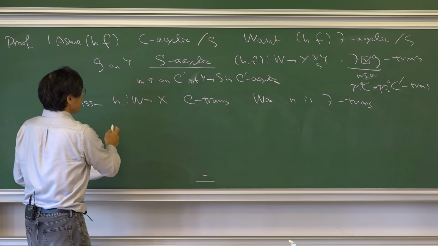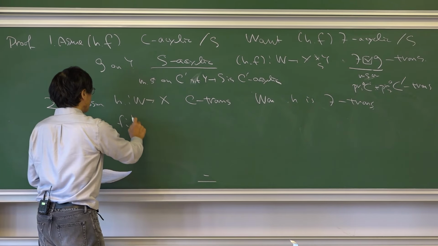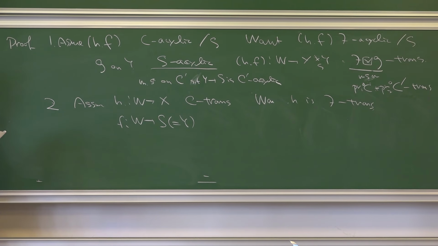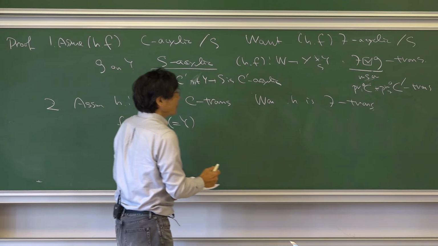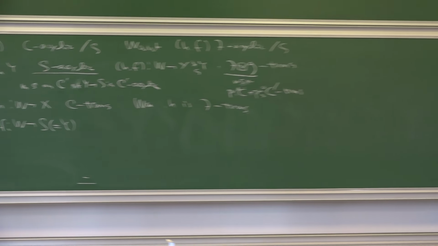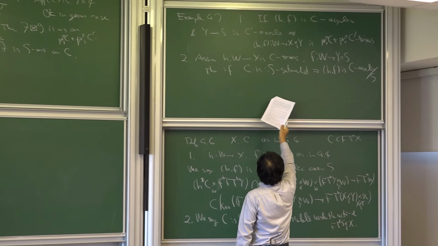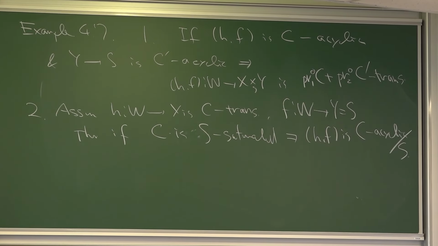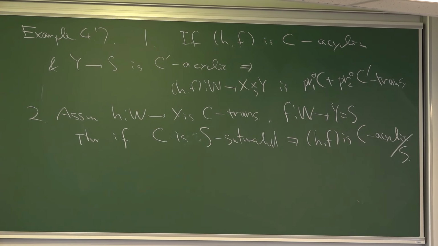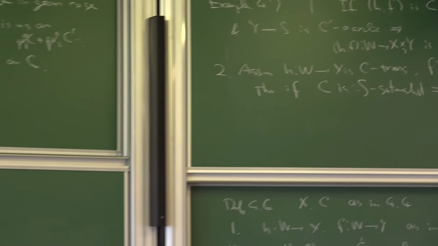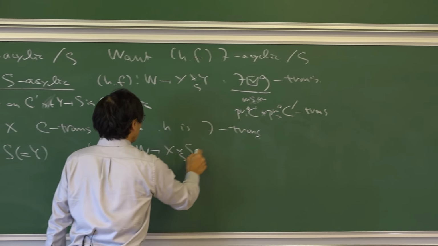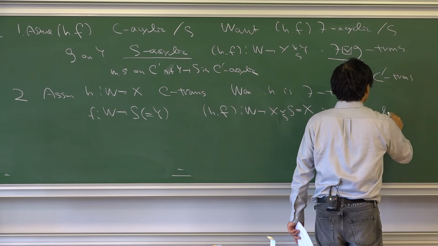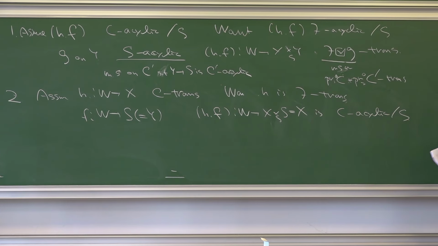Okay, so in this case, we take F to be the structure sheaf to S. Then by this and the assumption that S is saturated, then HF is this pair is C acyclic over S.